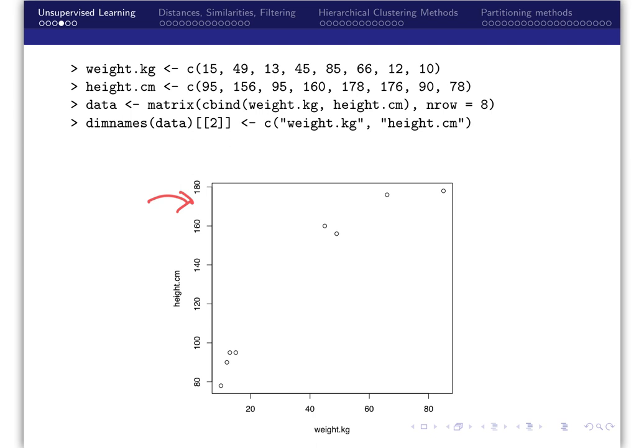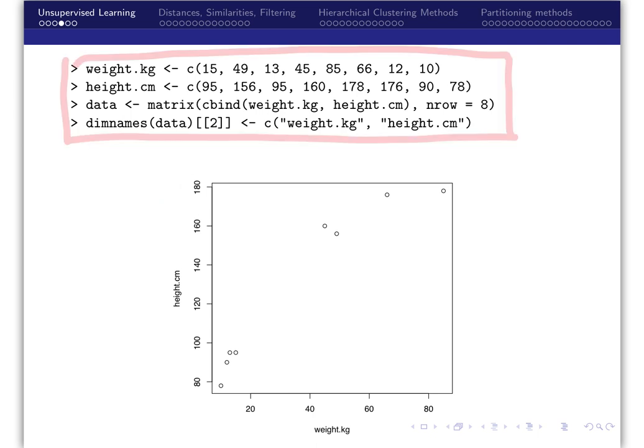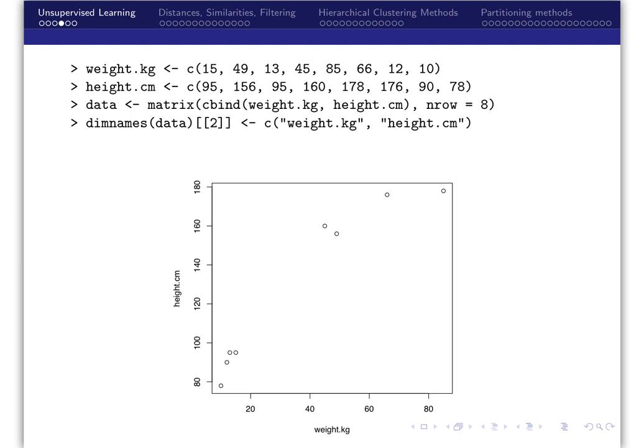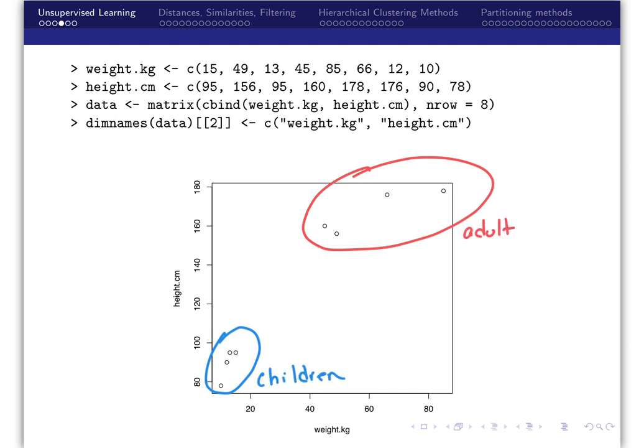This figure produced using these data is a plot of height in centimeters by weight in kilograms for 8 individuals. Most would agree that there are two clearly identifiable clusters in the set of data. In fact, inspection of the additional data available for these subjects reveals that the two clusters are aligned with another explanatory variable, adult versus children.